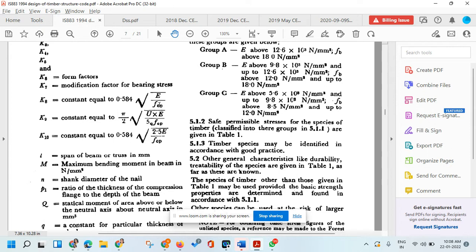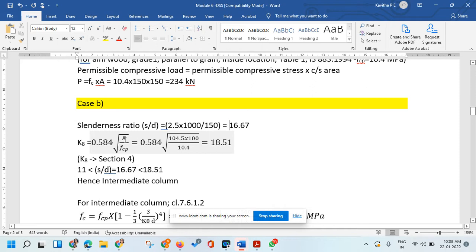E and FCP are the Young's modulus as well as the compressive stress value of the column material that is obtained from table 1. So we have already for any wood got E value as 104.5 into 100 is required.